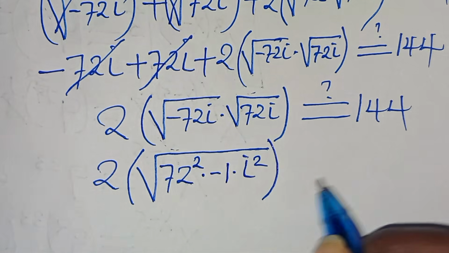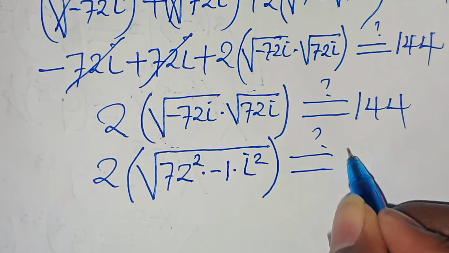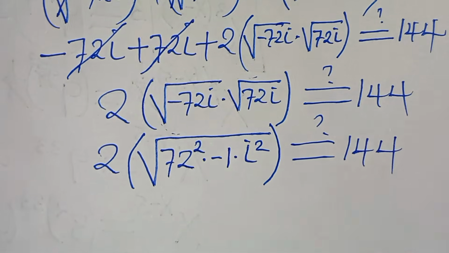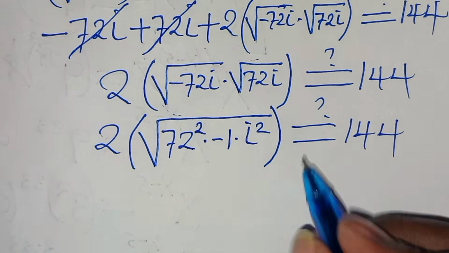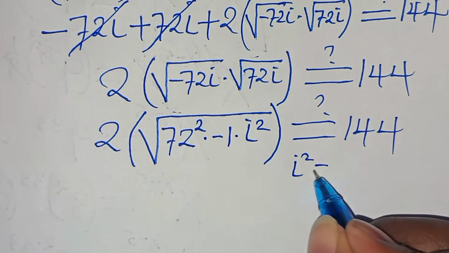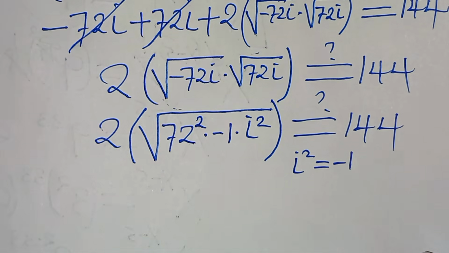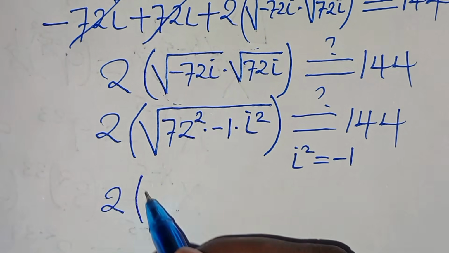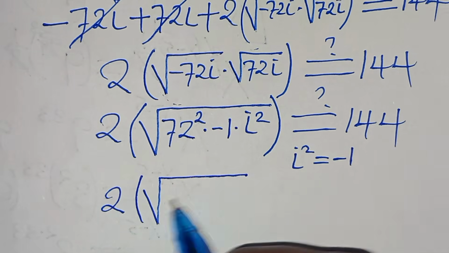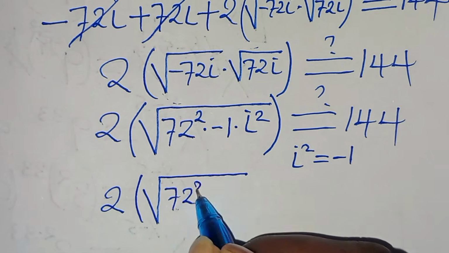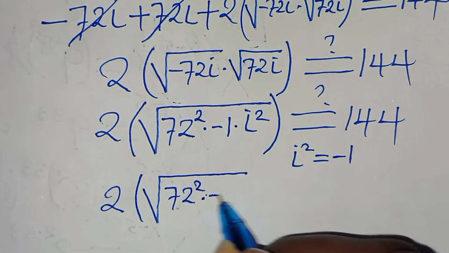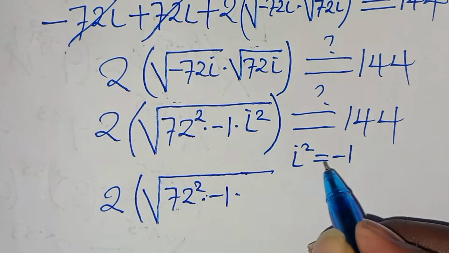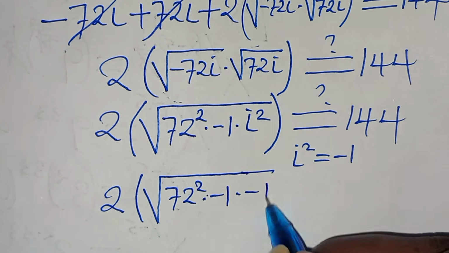This should give us a value of 144. Now, i squared is the same thing as minus 1. Substituting this, we have 2 times the square root of 72 squared multiplied by minus 1 multiplied by i squared, which is minus 1.